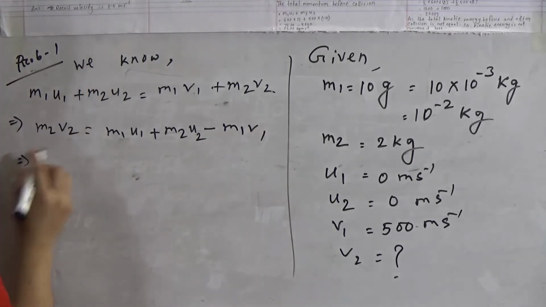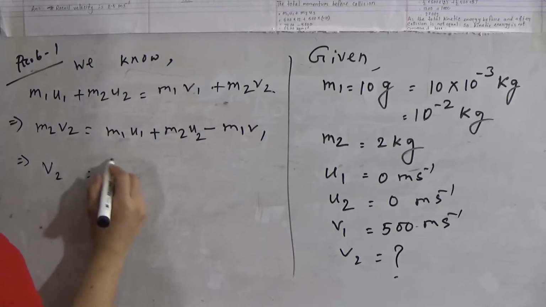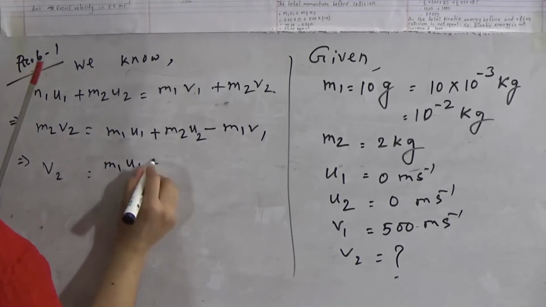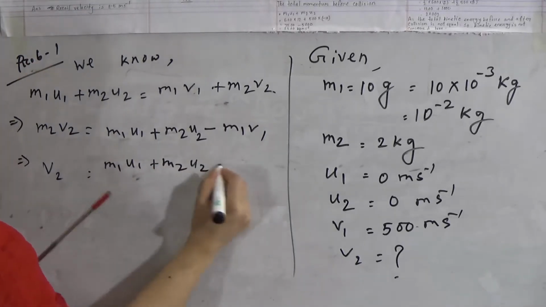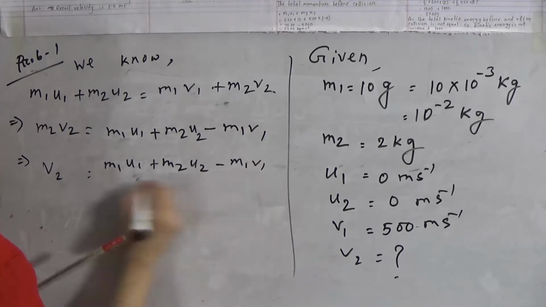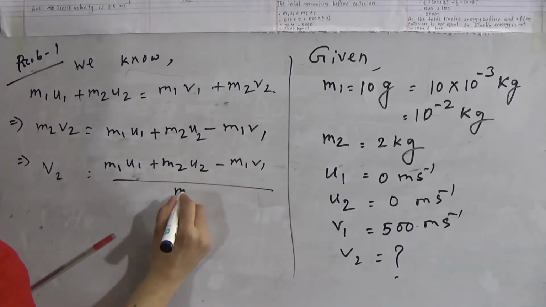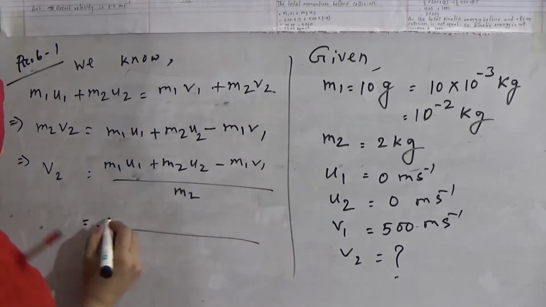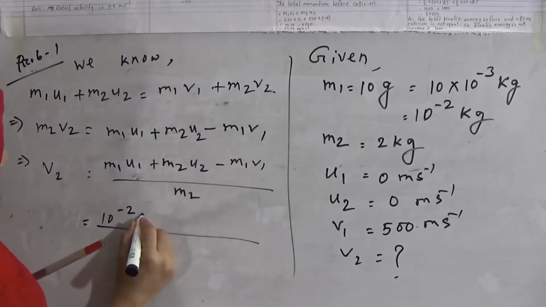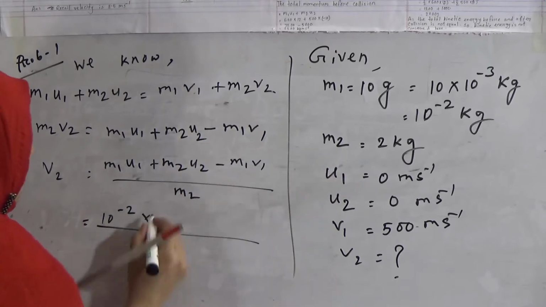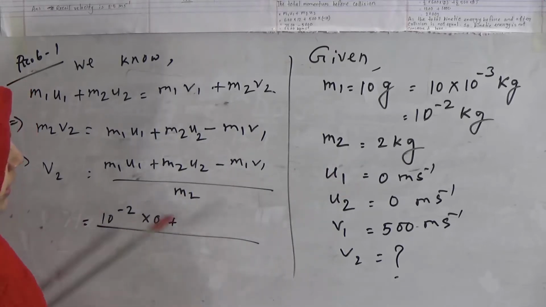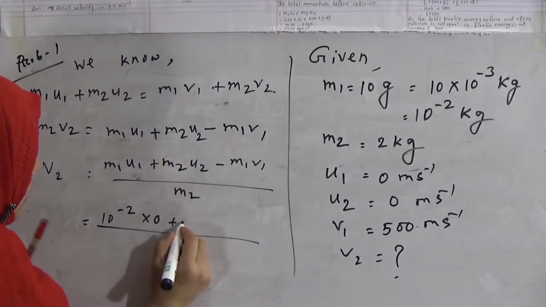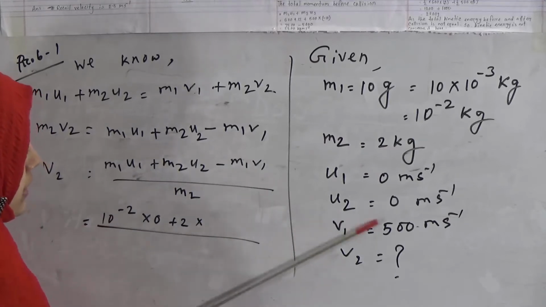Now we have to find out v2. That's why we will write v2 equals m1 u1 plus m2 u2 minus m1 v1, divided by m2. Now we will put in the values. m1 means 10 to the power minus 2, into u1 which is 0, so write 0. m2 is 2 kg, so write 2 into u2 which is 0.